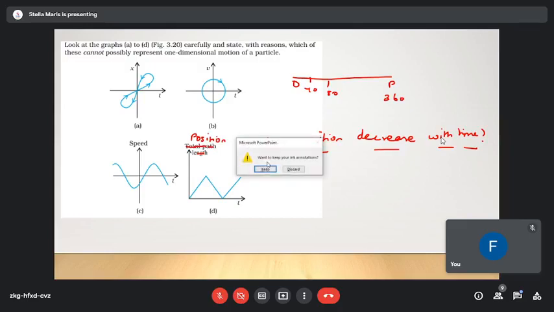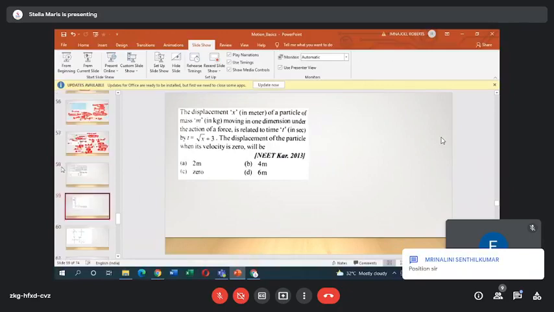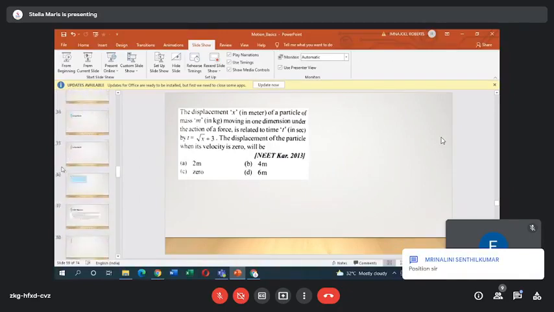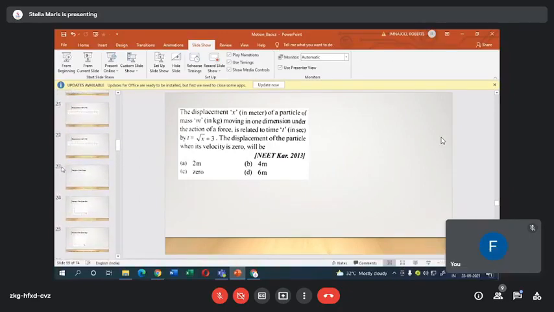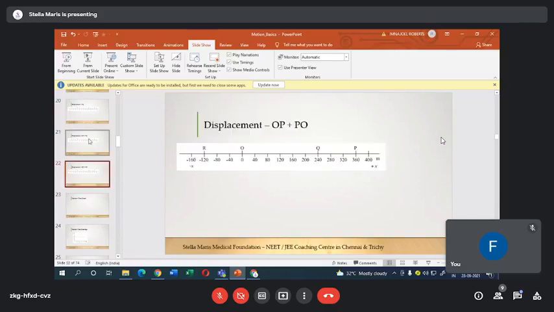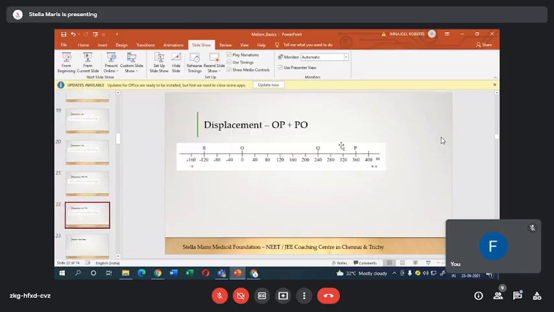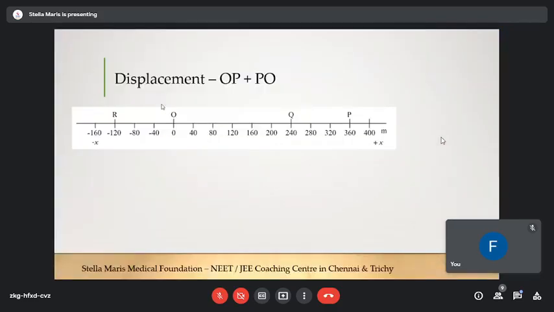Wait, I can even show you this example. Do you see my screen? Yes, sir. See, these are the positions: 40, 80, 120, 160 are positions.